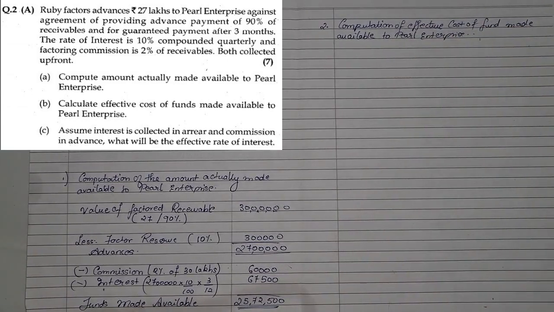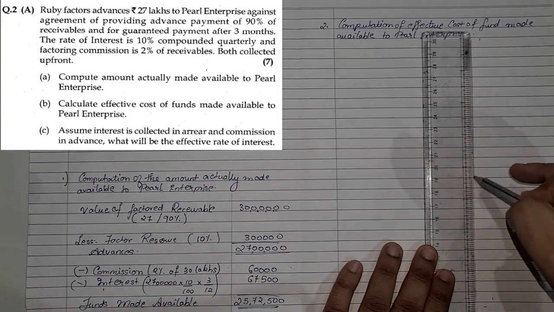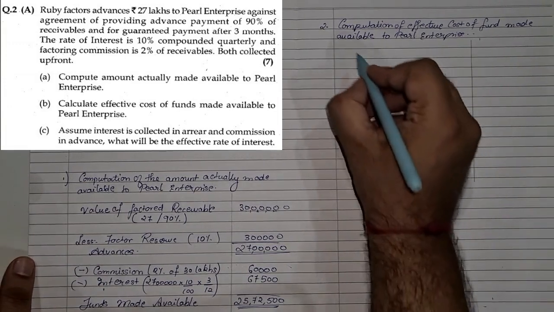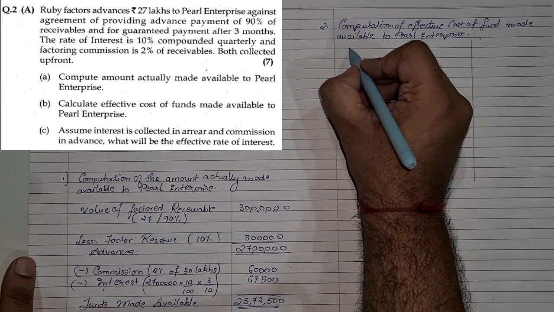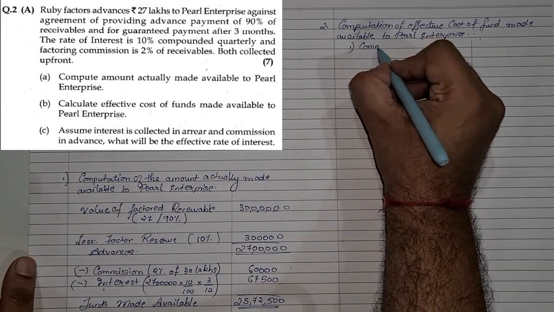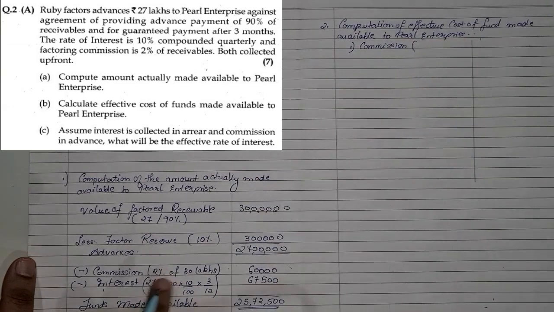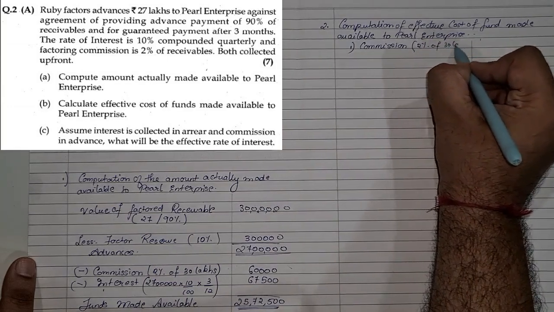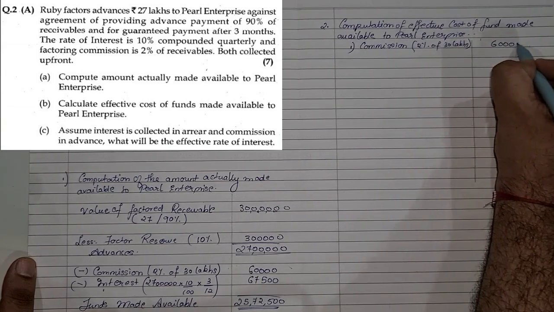Again I'll make an amount column just for us to understand where the values are coming from. For finding the cost of fund, that is basically your commission and your interest. Number one, commission: the same thing, 2% of 30 lakhs, which was 60,000.